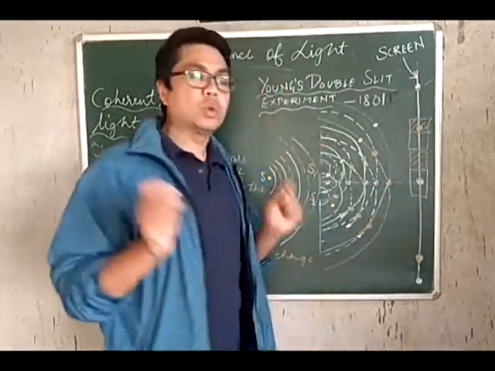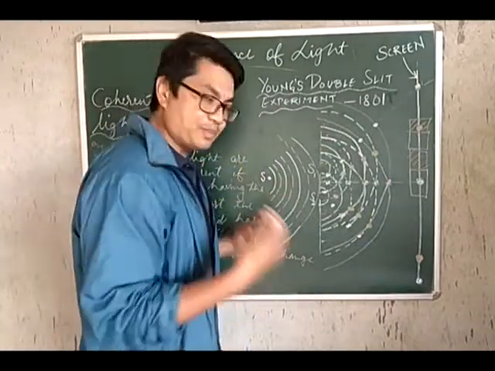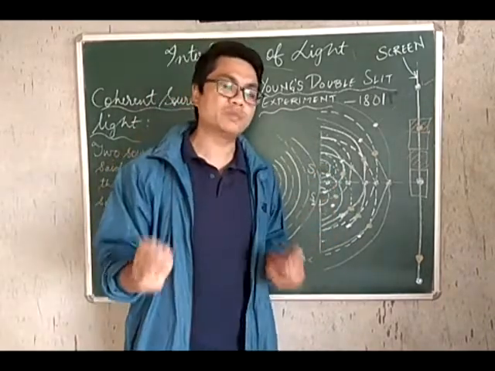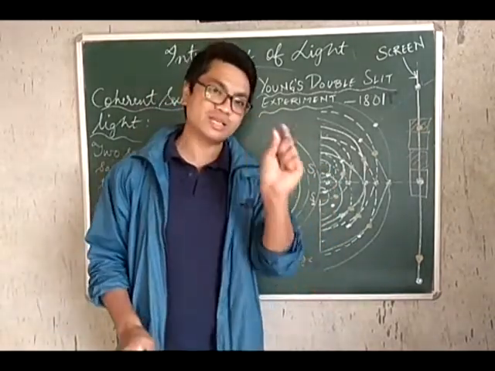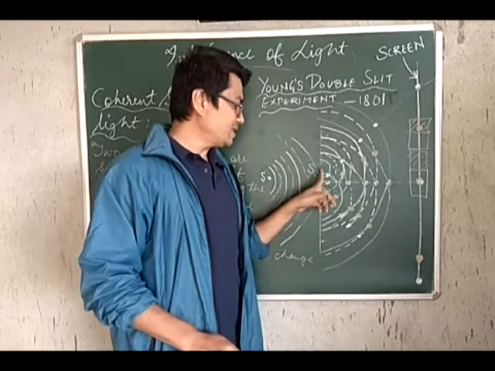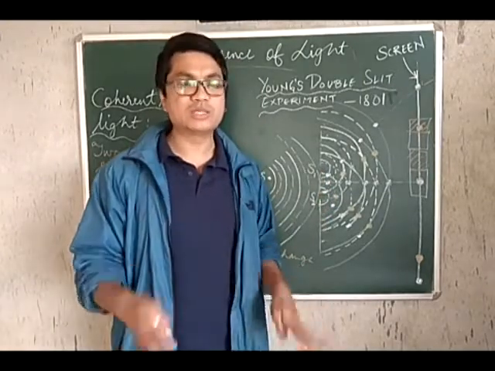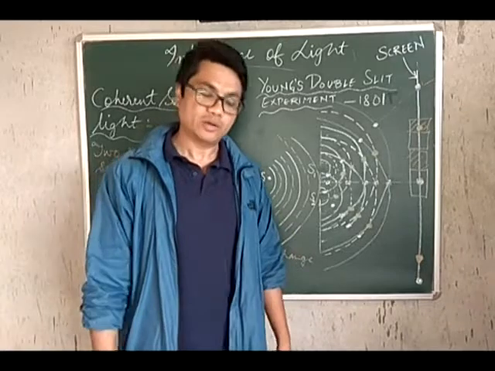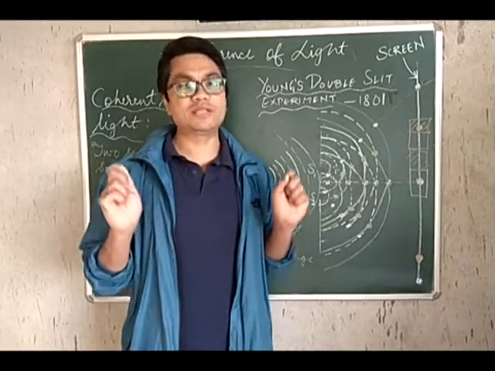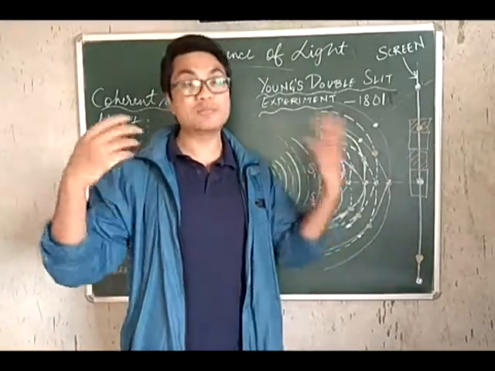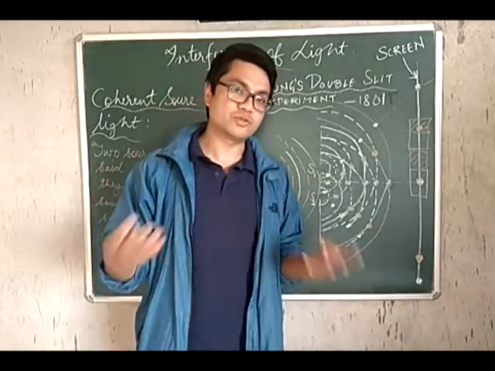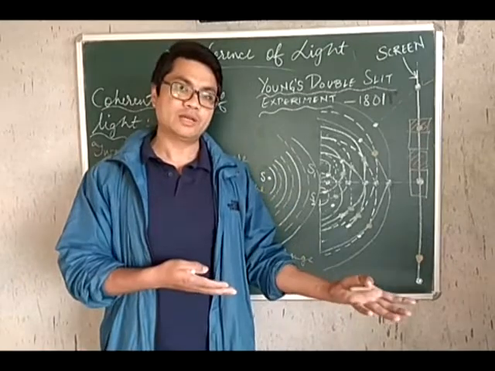Now, for this experiment to hold true, the width of the slits should not be very large. It should be very small, a very tiny hole, such that the width of the slit is comparable to the wavelength of light. Because when the width of the slit is comparable to the wavelength of light, the phenomenon of diffraction holds true.